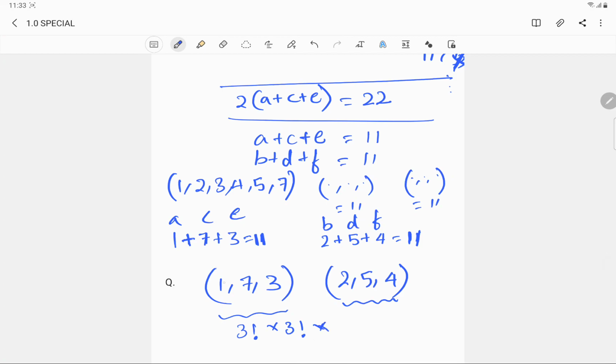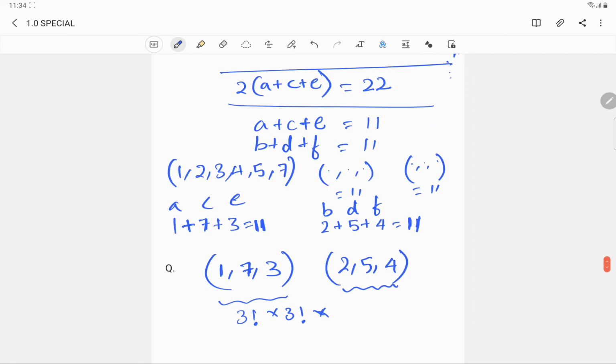We had two triplets, two sets of numbers whose digit sum is 11, out of which we have selected 1, 7, 3 and assigned it to A C E, and 2, 5, 4 we have assigned to B D F. But 2, 5, 4 can be assigned to A C E, and 1, 7, 3 can also be assigned to B D F. So there will be two more ways. In two ways they can be assigned. So this is the final answer. Thank you.